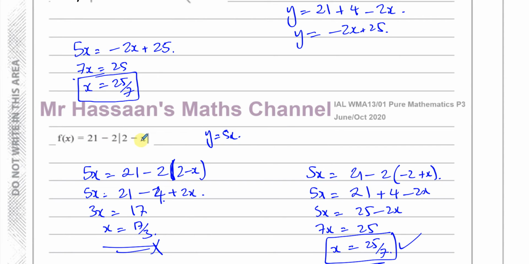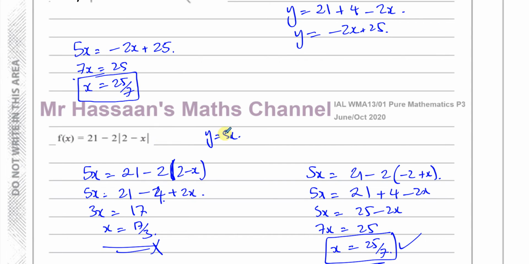Now that only works if the whole of this side is inside a modulus. Then you can make the other side positive and negative. It's the same thing as making this side positive or negative. But if the modulus sign is in part of the equation, then you can't do that unless you isolate the modulus sign, for example by taking away 21, or bringing the 5x onto this side, so the modulus sign is on its own.